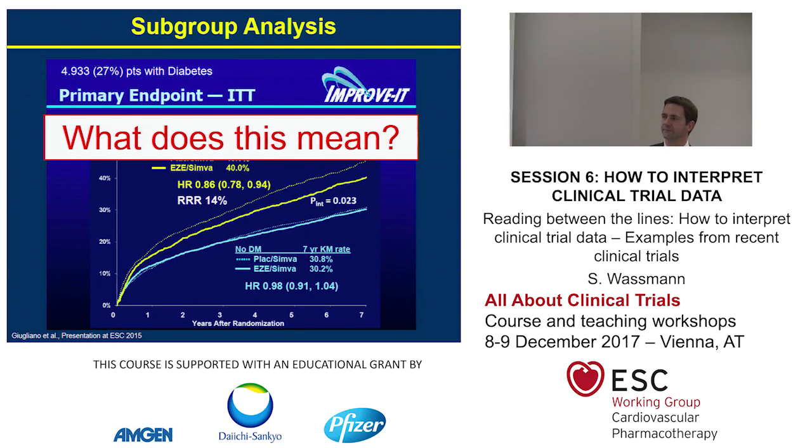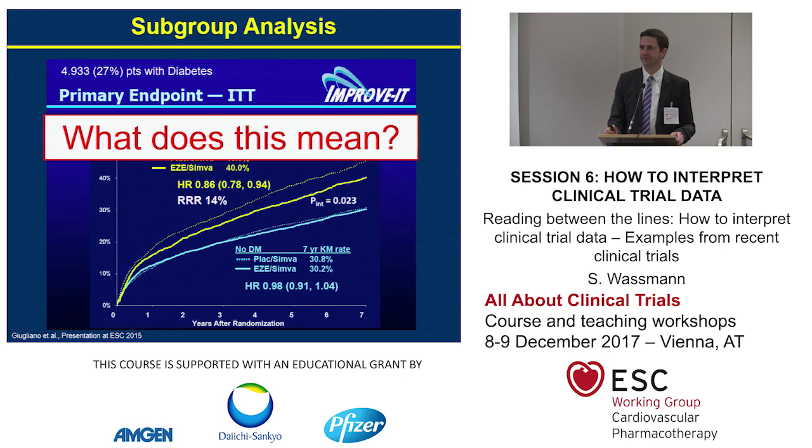And another point is that subgroup analyses are usually not adjusted for multiplicity. It means that there is a high risk of false positives. So maybe some p-values could look significant, but they are not really significant because there is a high risk of false positives. So they are just hypothesis generating. Then you need to test the hypothesis.